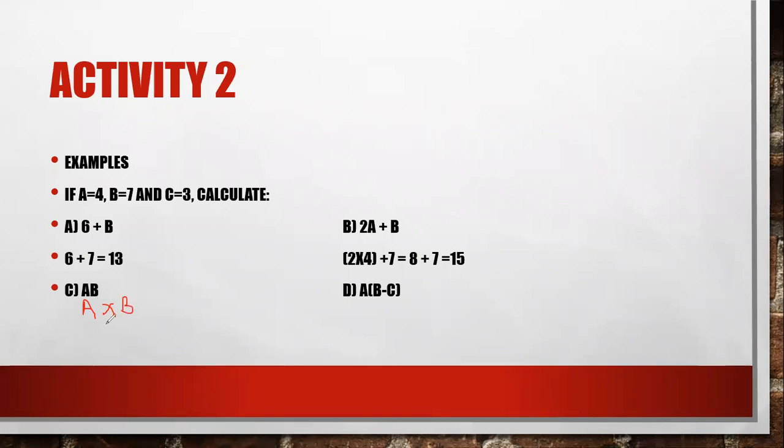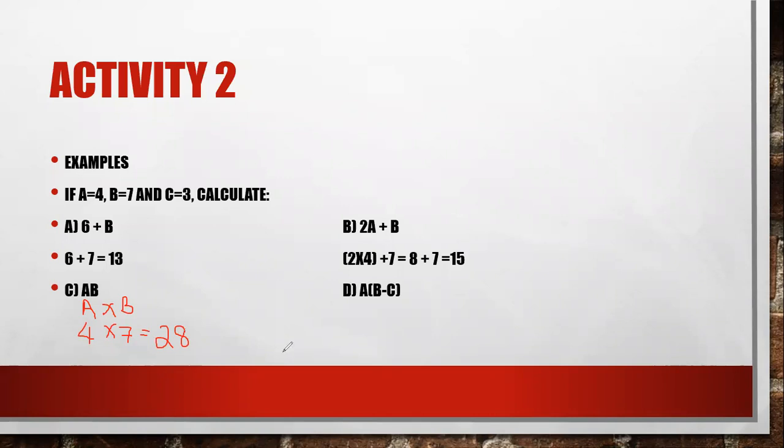So I had 4, which was A, times B, which was 7. So it gave me 28. 28, is that what we all got? Yes. Okay, thank you, Alvan.